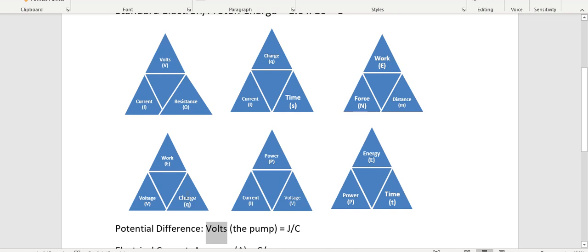So just take note of where all your doubles are. Here's current. Here's current. Here's current. Power. Power. Work. I think that's my only one for work.